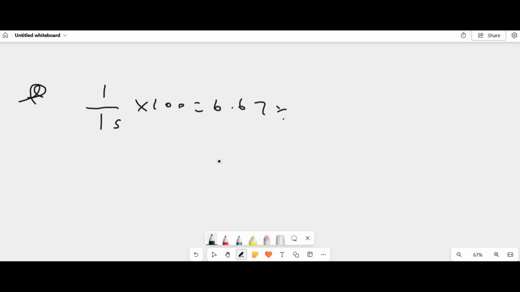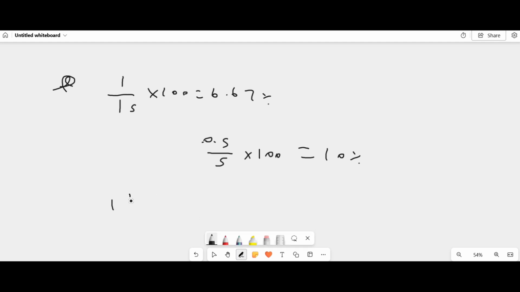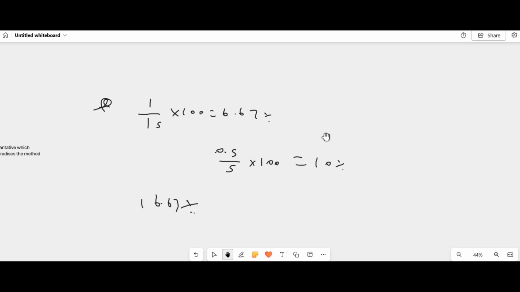So that's 0.5 divided by 5 times 100, which gets you 10%. Now you just add them together. So the total uncertainty is 16.67%, and that's the final answer.